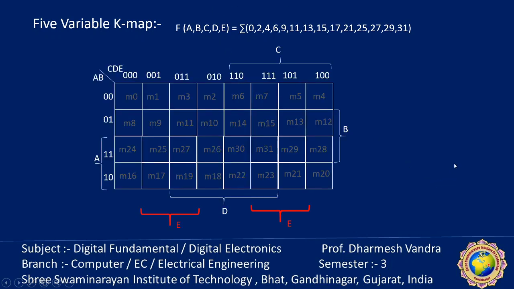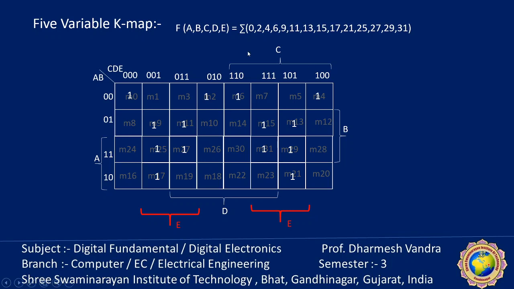Let's start. Here in the bright area, the minterms are also represented, which you can easily see. So let's put the minterms one by one: M0, M2, M4, M6, M9, M11, M13, M15, M17, M21, M25, M27, M29, and M31.